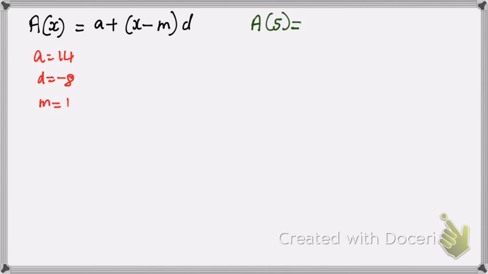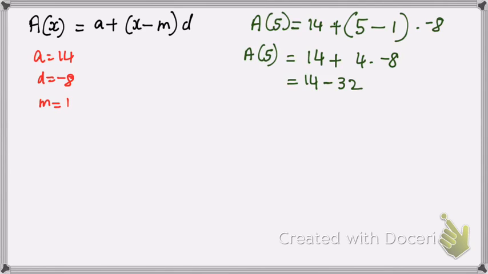Alright, so A of 5 equals A, which is 14, plus 5 minus 1 times negative 8. Okay, so it's pretty straightforward to solve this, right? 5 minus 1 is 4.